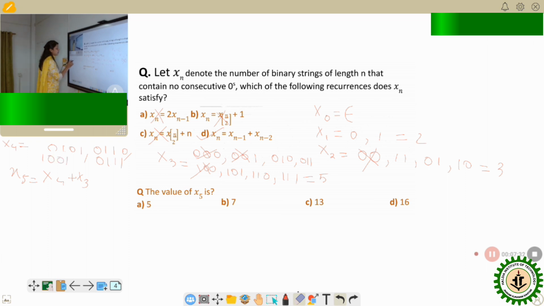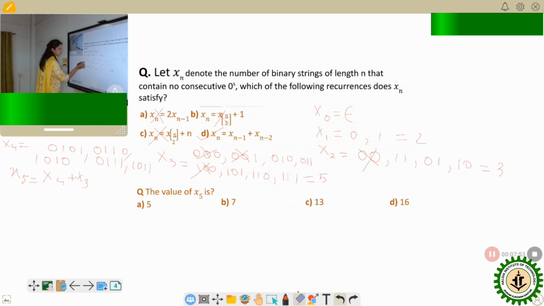1001, there are consecutive zeros. 1010, there are no consecutive zeros. 1011, there are no consecutive zeros.